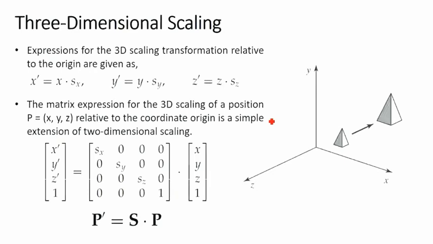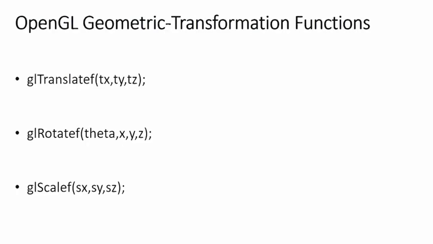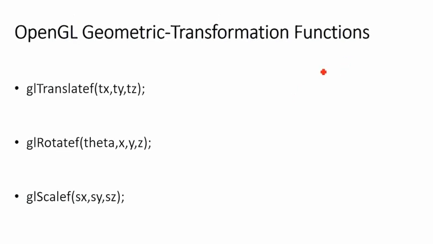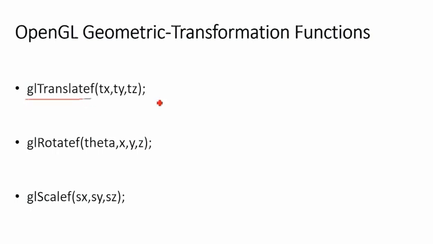So moving forward, we will look at OpenGL functions for geometric transformations. The very first function that we are going to look at is glTranslate. glTranslate is the function that we use for translation. Now this f means that the parameters you pass inside are treated as floating point values. Instead of this, you can also use glTranslated.